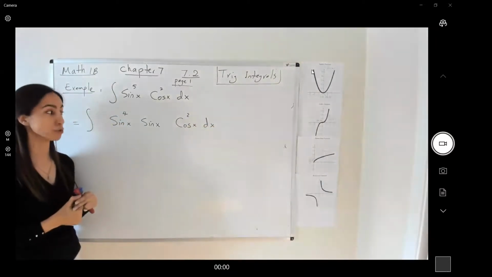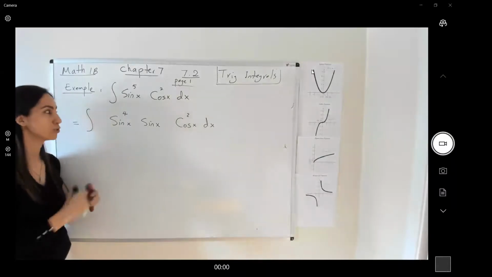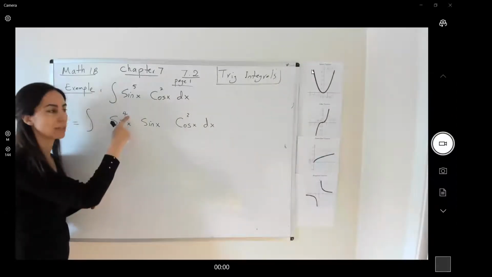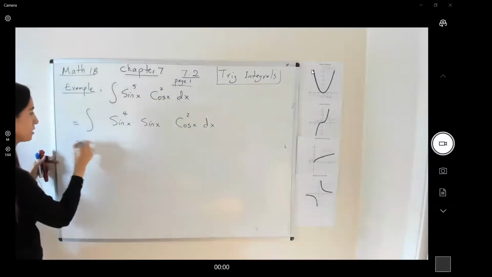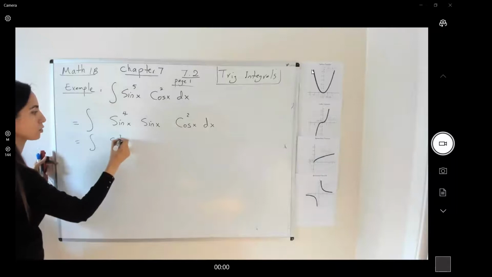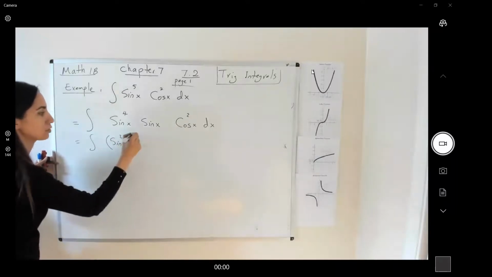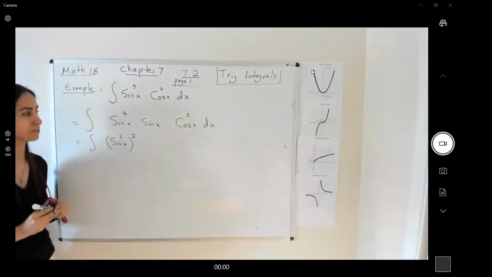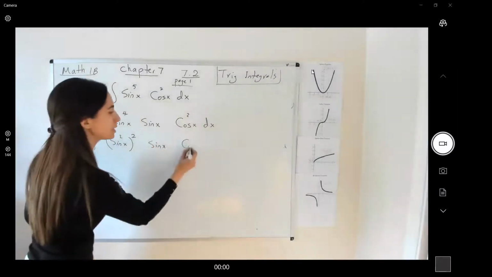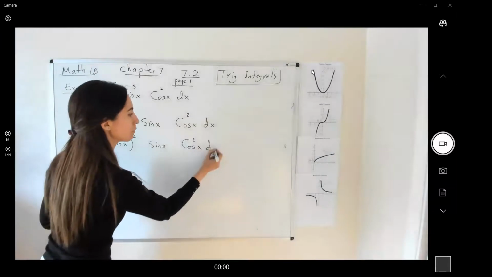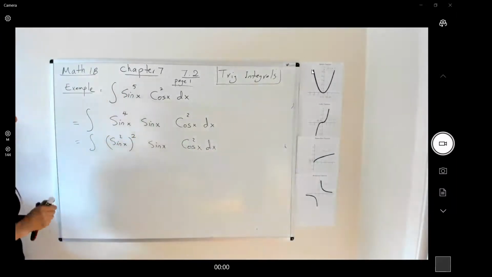What I'm trying to do is use even exponents for my sine. Sine to the fourth is sine squared raised to the second power. I'm copying down my sine. I'm copying down cosine squared of x dx.